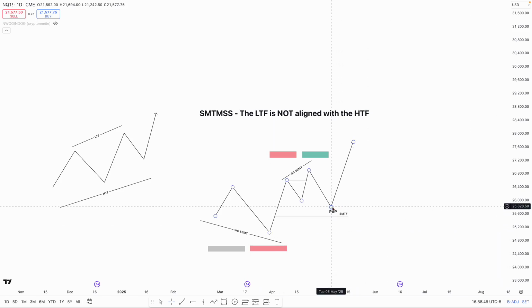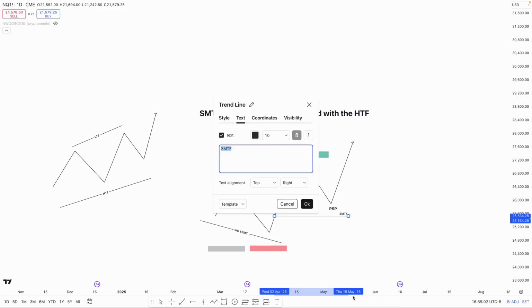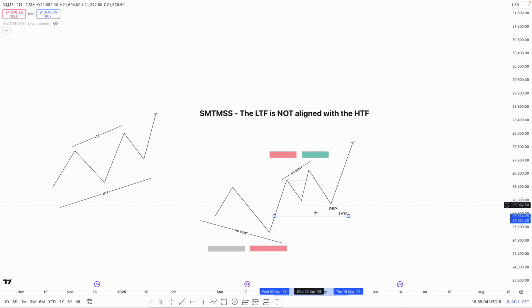And to catch that move after the SMT market structure shift, we can look for an even lower time frame cycle sequential SMT, PSPs, or SMT fills, anything of that nature.